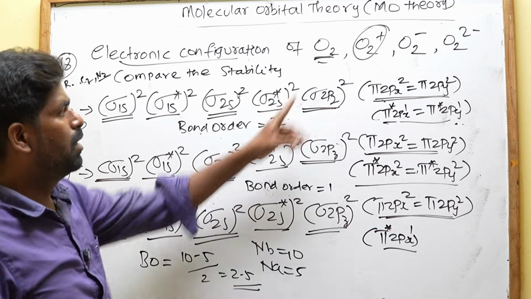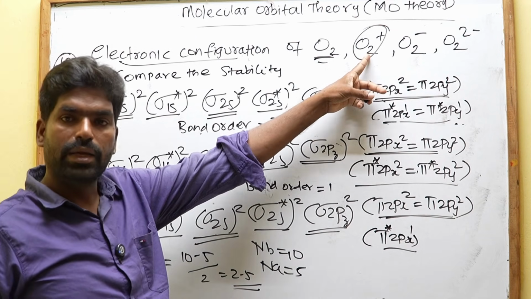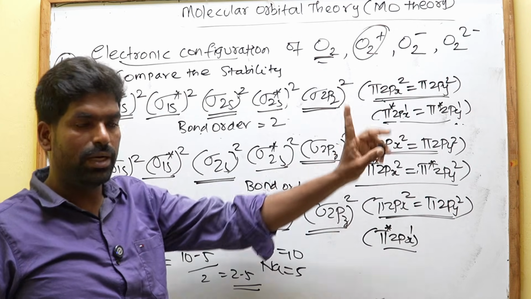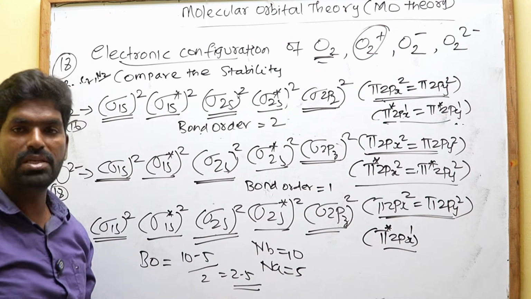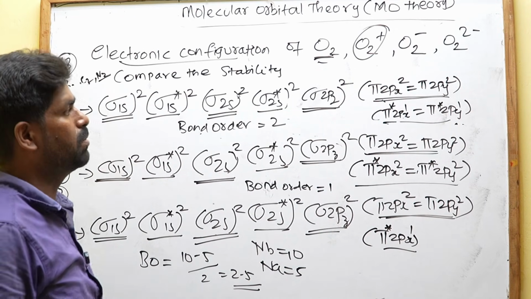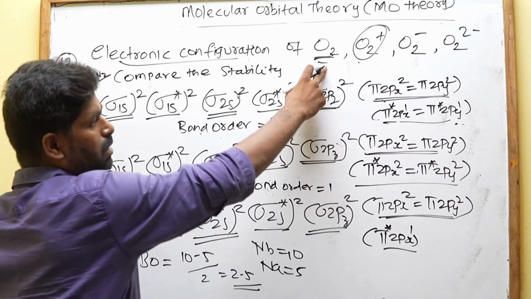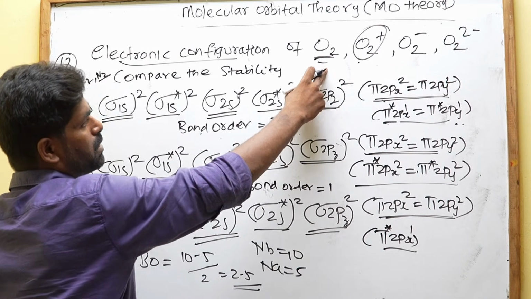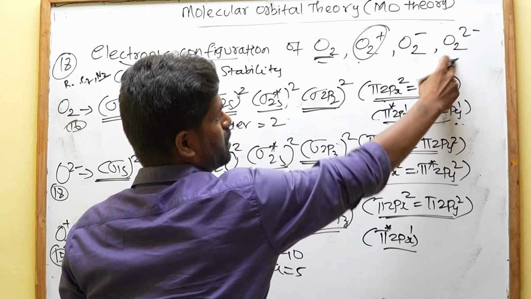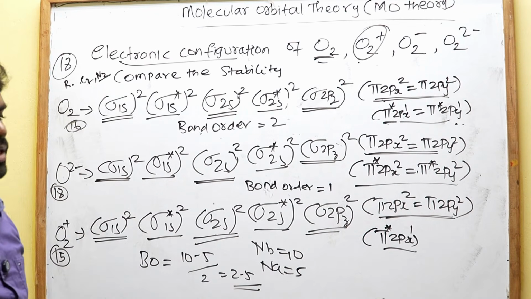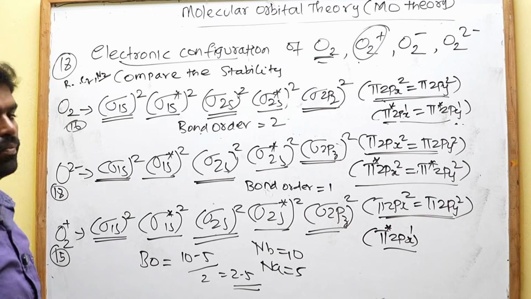It could be either a neutral molecule, cation or anion; that doesn't matter. We have to calculate the bond order, and based on the bond order only we can fix the stability. Therefore, this has the highest stability, this is the second highest, followed by this and this. I hope you understand the concept behind the bond order and the stability calculations. Thank you very much.